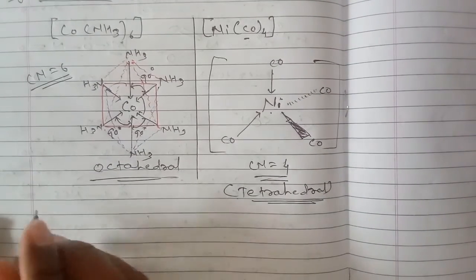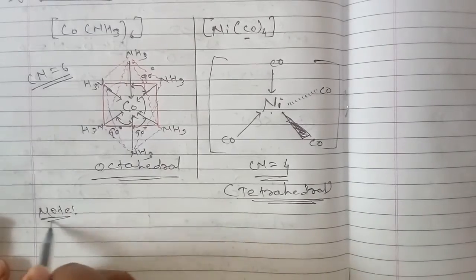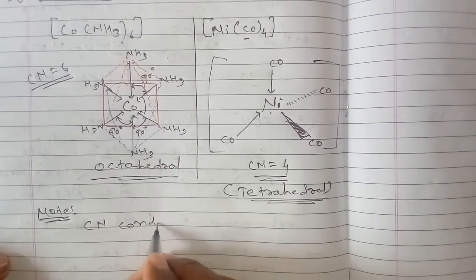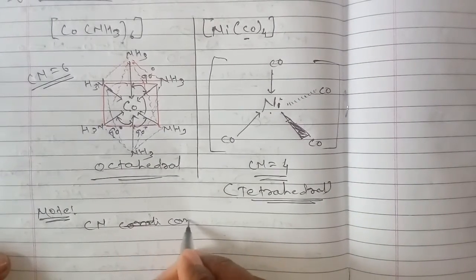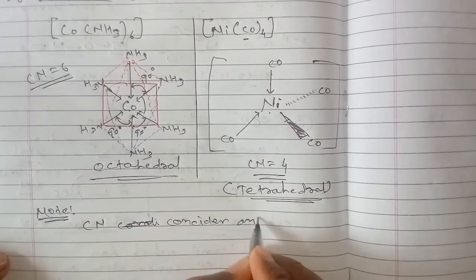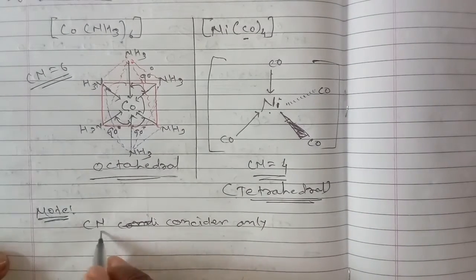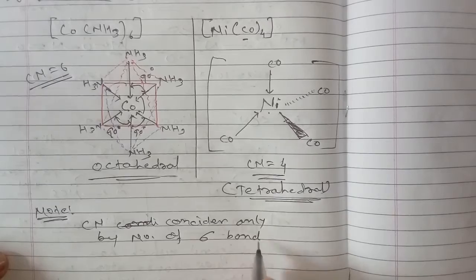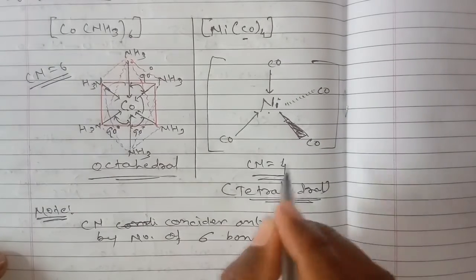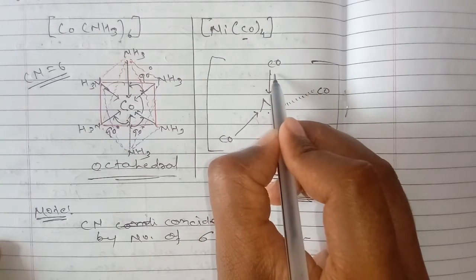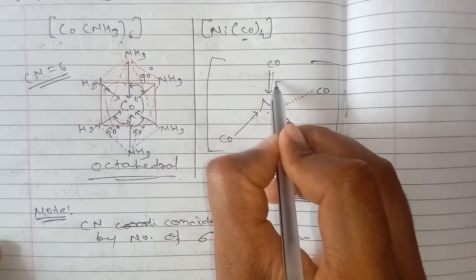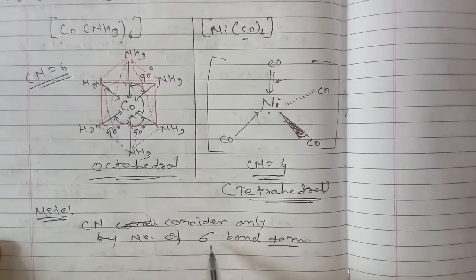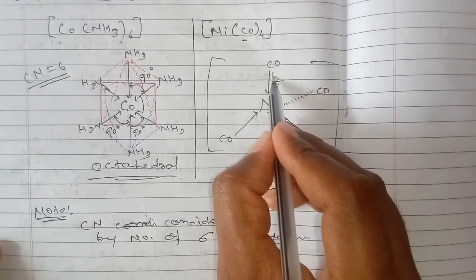And the second thing is very important, note that the coordination number is considered only by the number of sigma bonds formed. If in some cases there is a double bond, a pi bond is formed, and the pi bond is not considered in the coordination number.